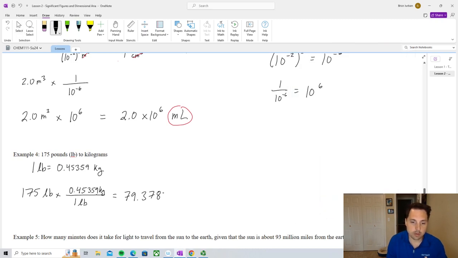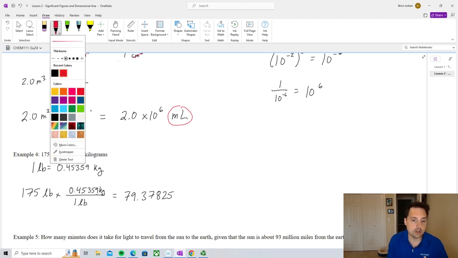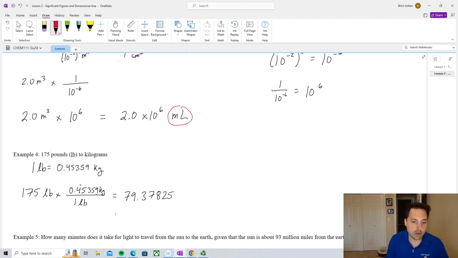And we want to remember to apply our significant figures rule. So in this case, we have this, which we're going to treat not as an exact number. It is an approximate, but there's 5 sig figs here. But this one only has 3 sig figs.